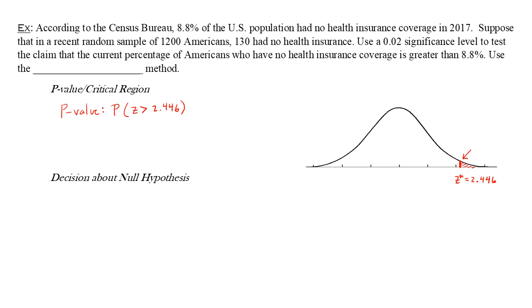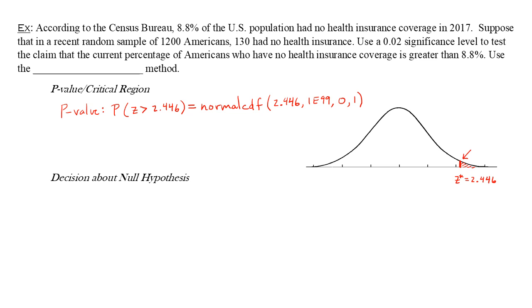This is a normal distribution, and we're going to stick with the standard normal distribution, which has a mean of 0 and a standard deviation of 1. So we can use normal CDF on our calculator. Here we've got the lower value of 2.446. You have the upper value of 1e99, since we're looking at the right tail, it goes to the right forever. Mean of 0, standard deviation of 1.